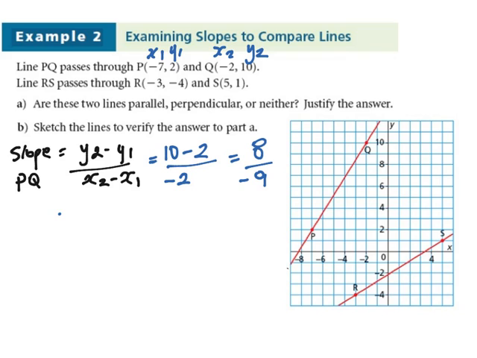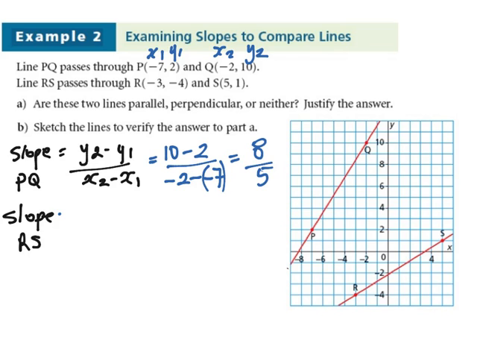We have negative 2 minus, and now the x1 value is actually negative 7. So we are actually going to be adding negative 2 to 7, which is 5. This is actually 8 over 5, the slope. Now we're going to find the slope of RS.